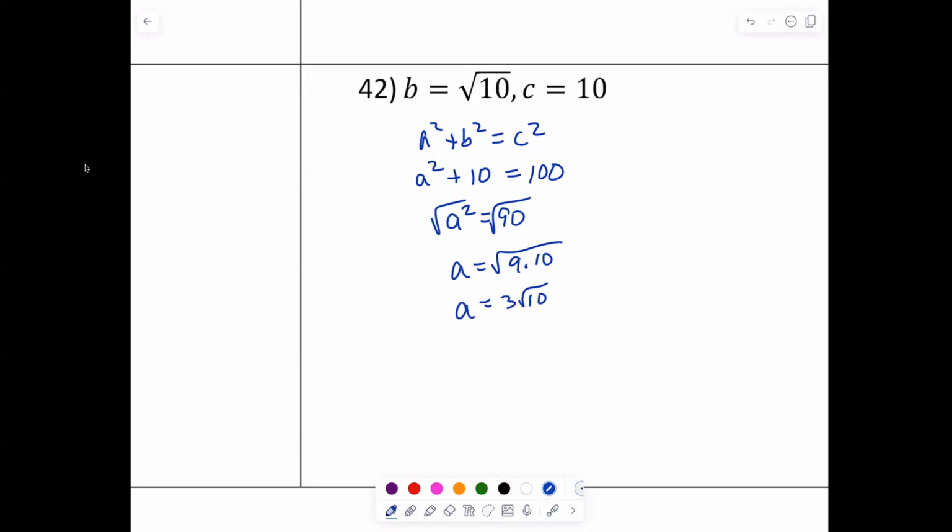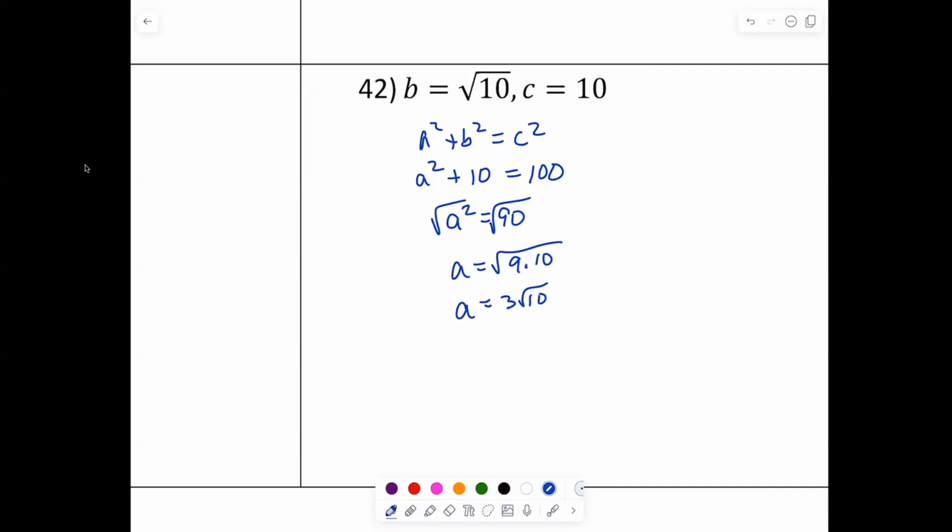Why did you square root the 90? Tell me again, I didn't hear you. Because I have a squared, right? I have to undo the square. To undo a square, you take the square root.